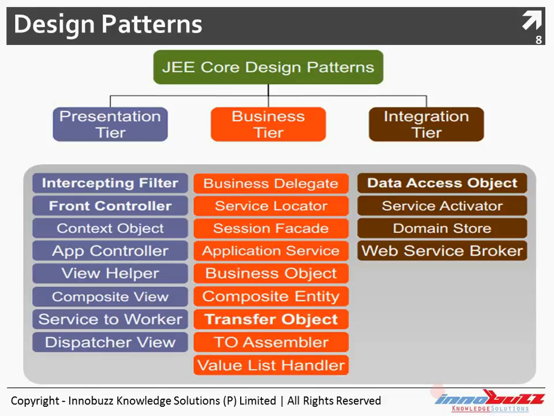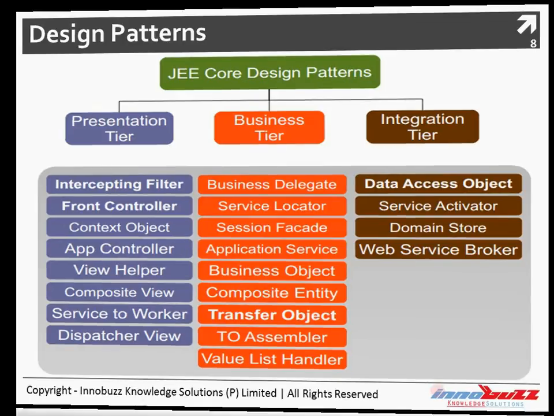For the business tier, you have design patterns like business delegate, service locator, session facade, application service, business object, composite entity, transfer object assembler, value list handler. And for the integration layer, you have data access object, service activator, domain store, web service broker. So we will be discussing some of these design patterns.